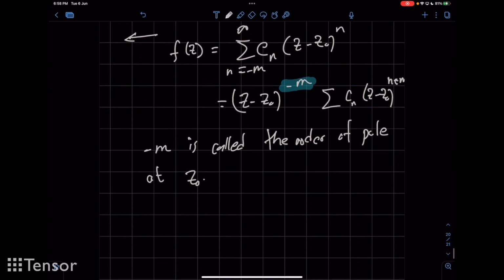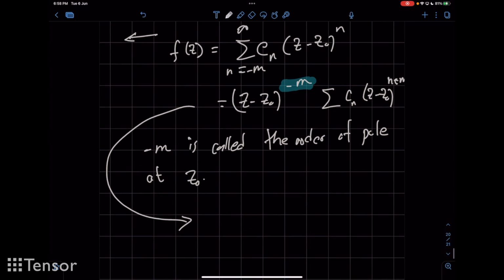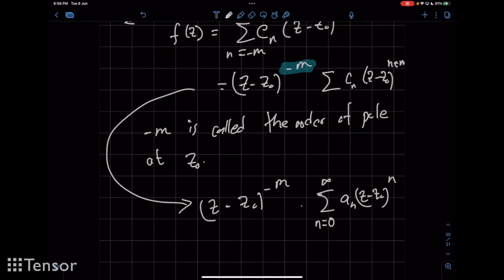And here's an interesting observation: if we factor out (z minus z naught) to the power negative m, we can write it like this: (z minus z naught) to the power negative m times the sum of some a_n (z minus z naught) to the power n, where n runs from 0 to infinity. I have basically shifted the indices.